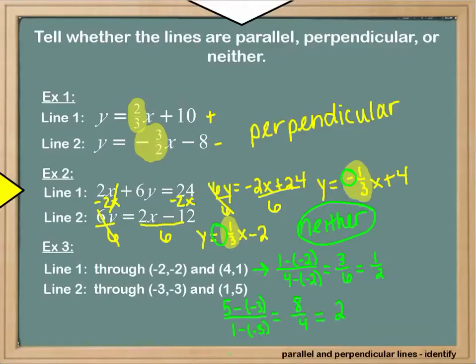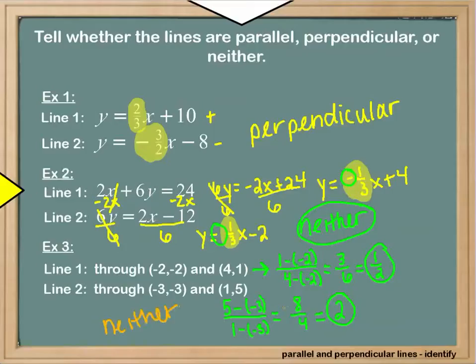These lines are not parallel because 1/2 and 2 are not the same number. Are they perpendicular? Well, we have a slope of a positive 1/2 and a positive 2. Because these are not opposites, they are not perpendicular. Therefore, once again, these two lines are neither.